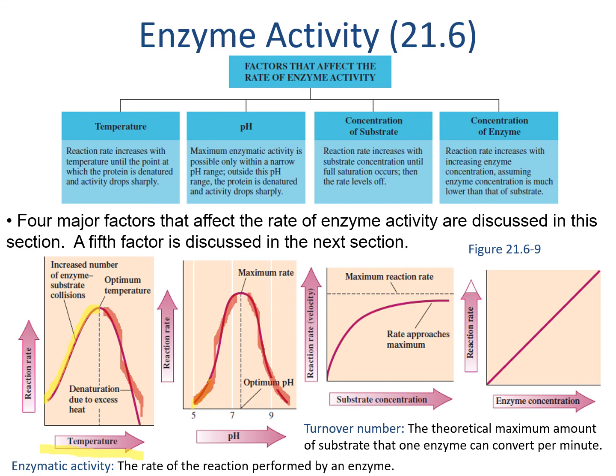So there's some optimum pH where the enzyme remains folded, and we have a maximum rate. Again, this maximum rate is going to match the type of environment that the enzyme is likely to be in. So the maximum rate pH is going to be around 1 for our stomachs, but since our bloodstream is around 7.4 for a pH, most of the enzymes in our bloodstream are optimized for a pH of 7.4.